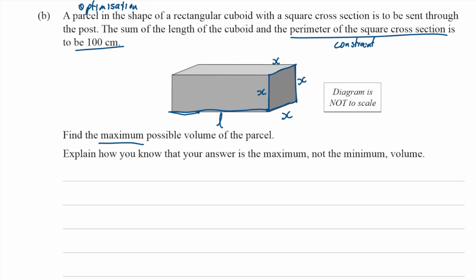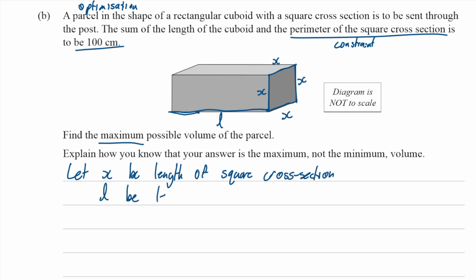Alright, so we've introduced our parameters. So we could say let x be length of square cross section and L be length of parcel.